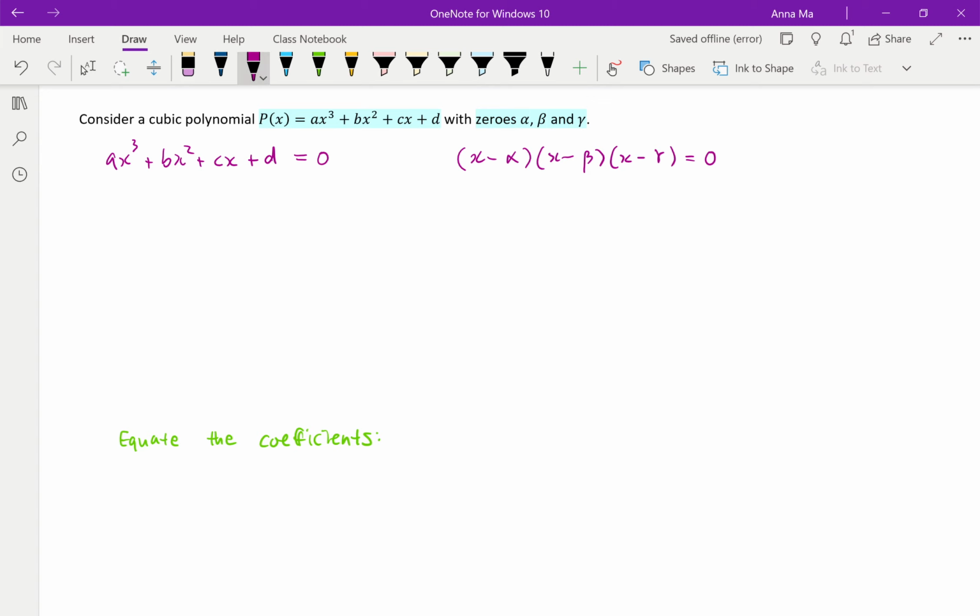Let's expand the right-hand side first. If I expand the first two brackets, we will get x squared minus alpha x minus beta x plus alpha beta, times x minus gamma.